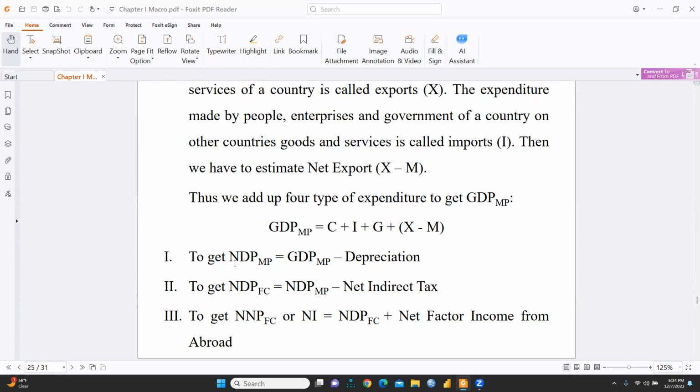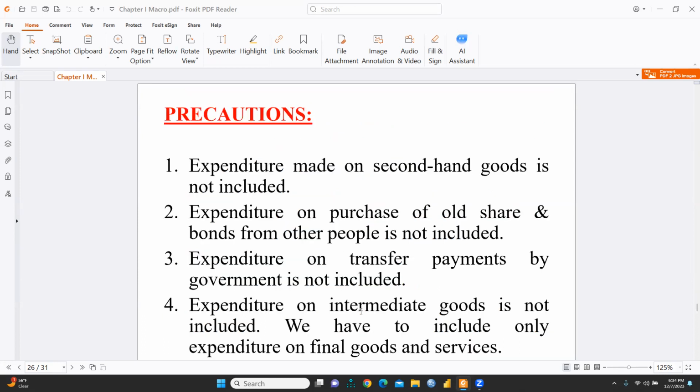GDP MP minus depreciation gives NDP MP. Then we convert NDP MP to NDP FC: NDP FC equals NDP MP minus net indirect taxes. To get NNP FC or NI, we add net factor income from abroad to NDP FC.